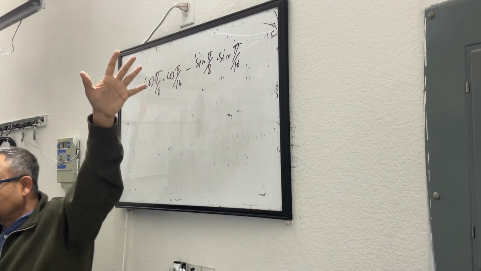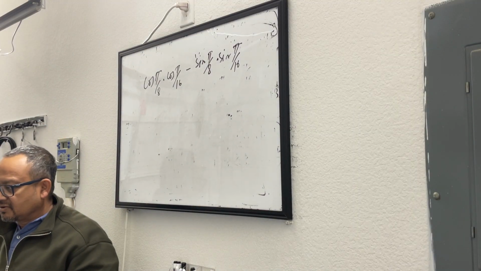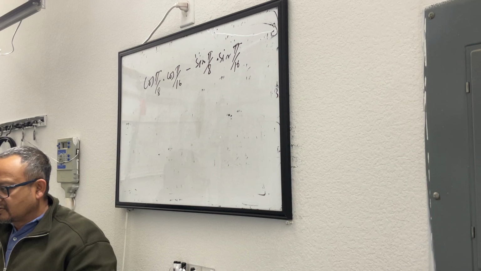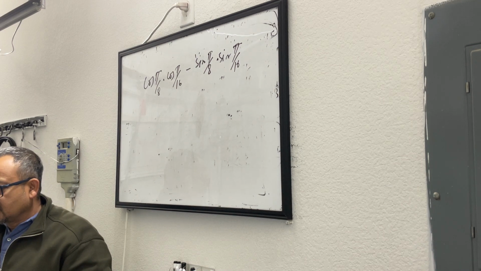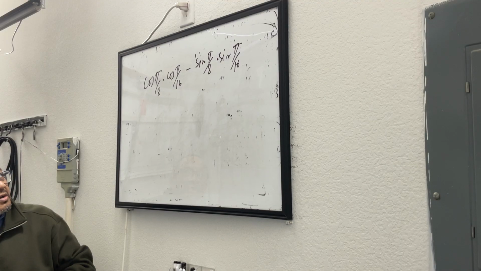Whenever you have this question, what pops in your mind immediately? Convert it into cosine of pi over 8 plus pi over 16, and then condense it from there.